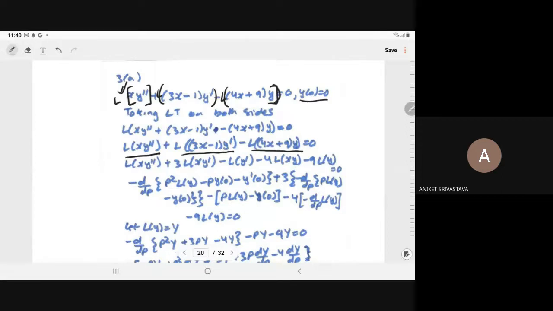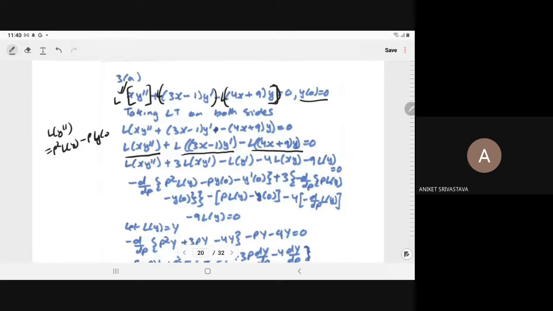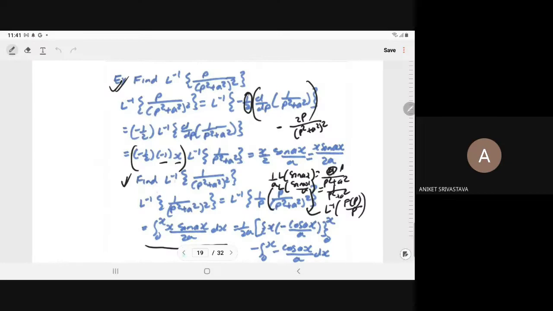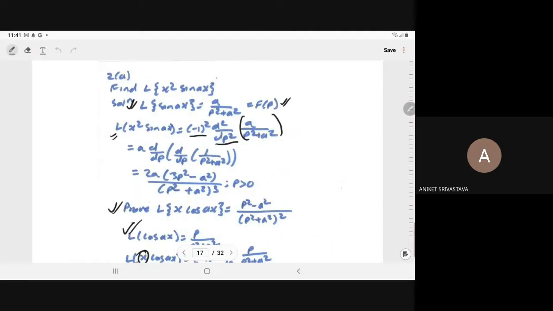Now, what is the Laplace transform of y dash? What is the Laplace transform of y double dash? That is p square L of y minus p y(0) minus y dash at 0. Now, if you have to multiply with x, so Laplace transform of x into f(x), what is the formula?